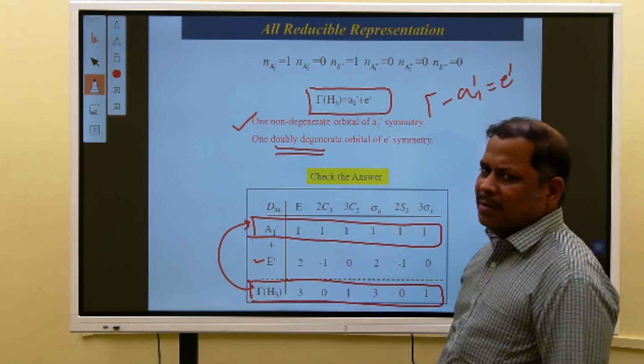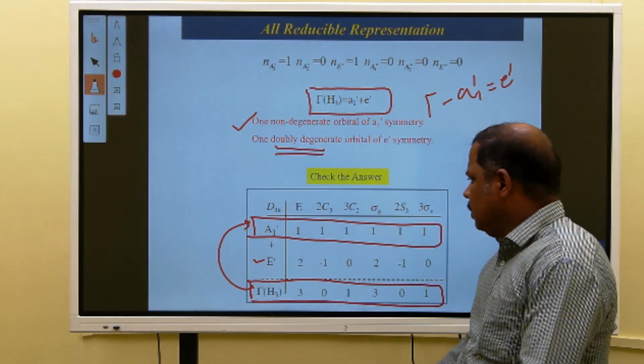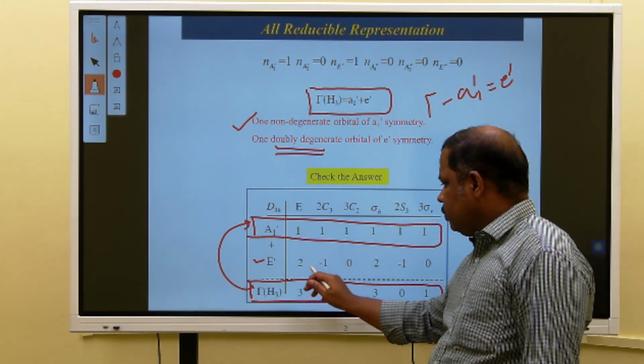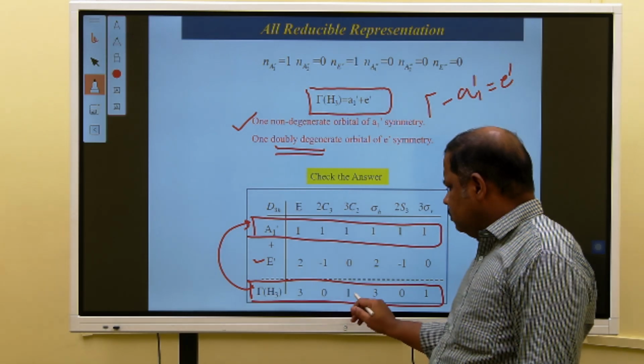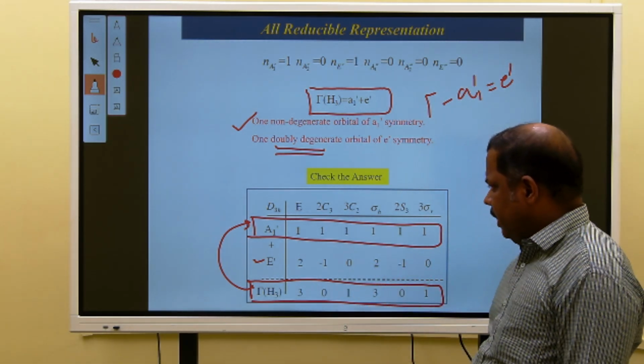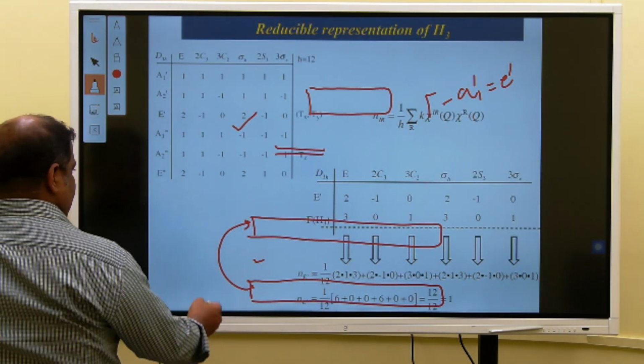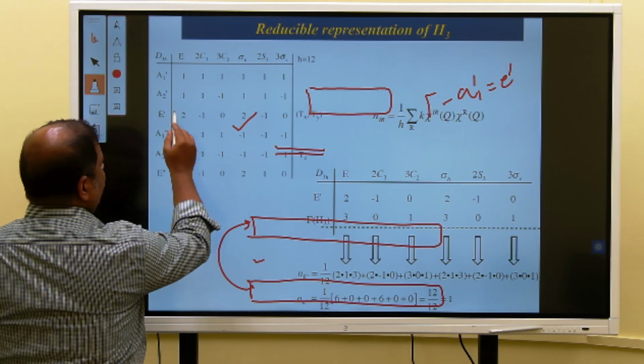And A1 means highly symmetrical characters. So here all the values will remain 1, right? 3, 1, 2, 1, 0, 1, 3, and so on, right? Now you see the same values you are going to get here, E prime.